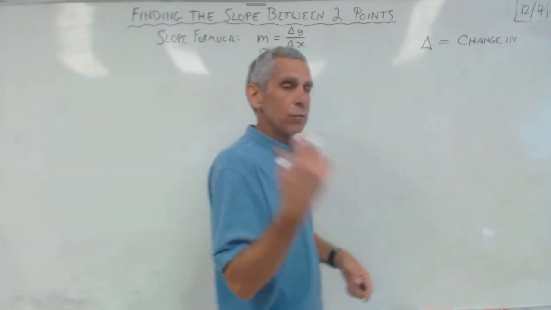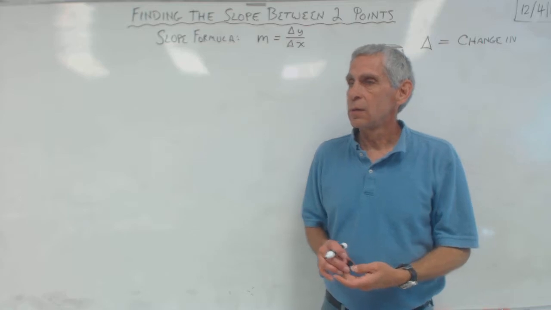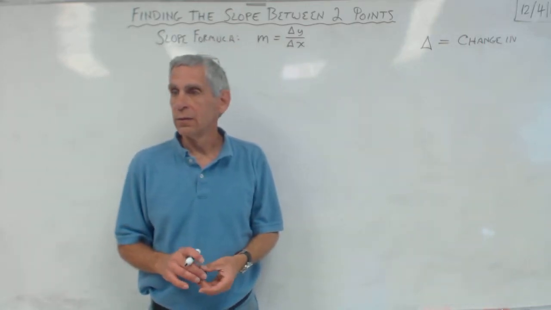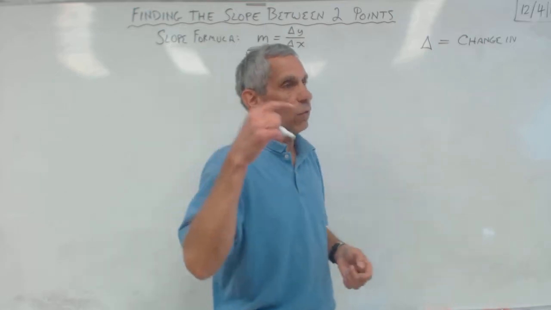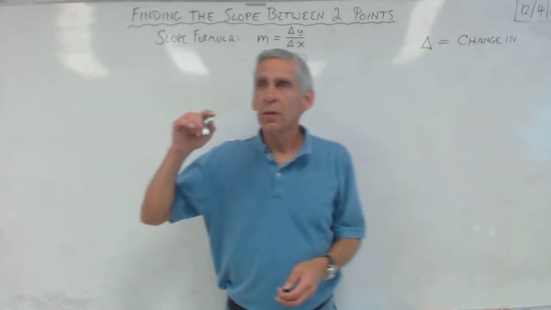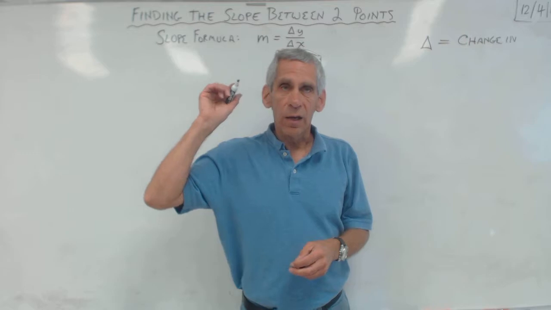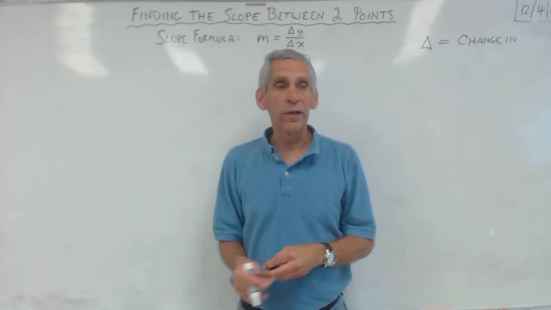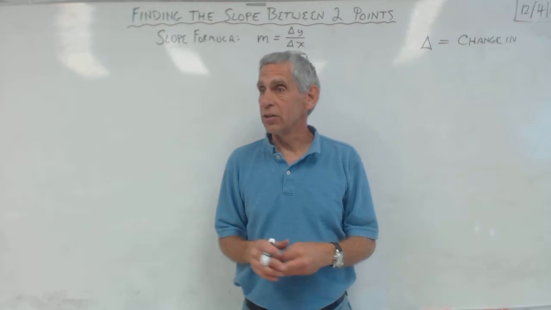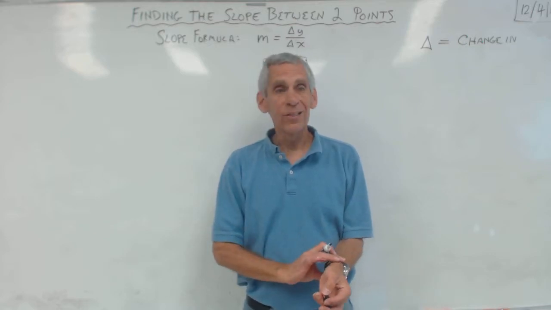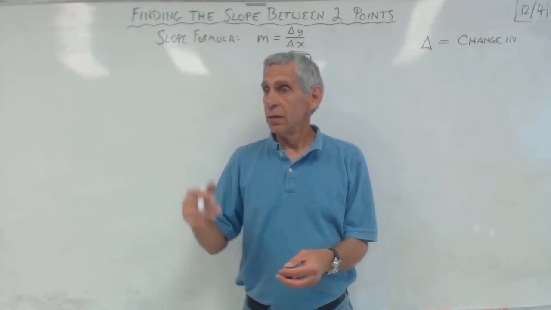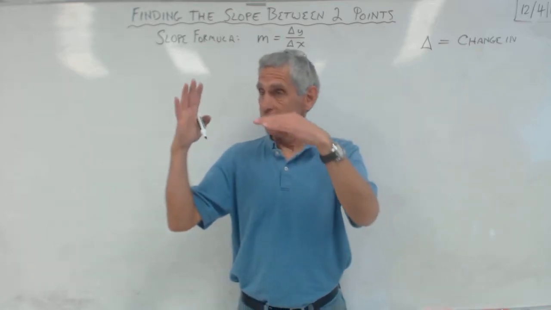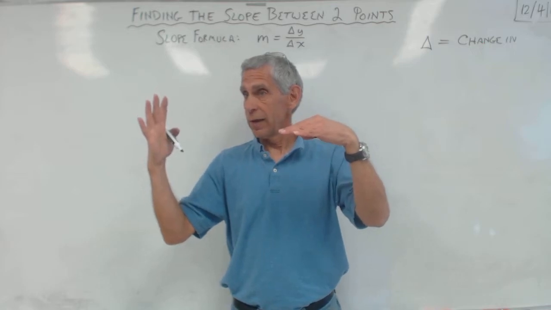Now, if I said, what does change mean now? Is that add, subtract, multiply, or divide? If it was 20 degrees this morning when I woke up, and now it's 40 degrees, what's the change? The change is 20 degrees. How'd you get that? You did 40 minus 20. Yes. Am I right? Yes.